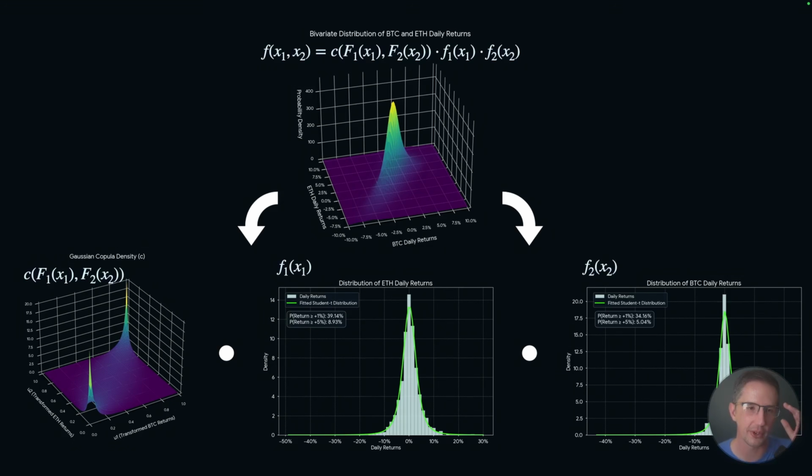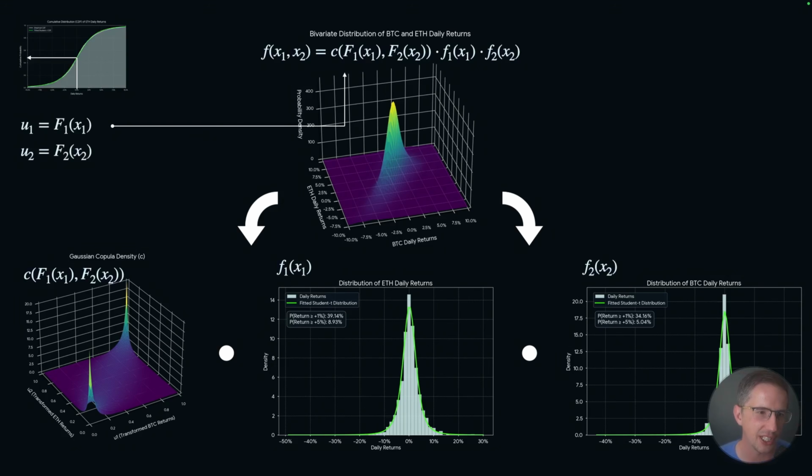Just for those of you who are interested in the math, here we can actually replace this f1(x1) and f2(x2), which is saying they each have their own individual density functions, and we can replace that here with u1 and u2. In other words, all we need to do is fit Ethereum to whatever distribution you want to use, student t, empirical, whatever it is you want to use, and that will give you a value between 0 and 1, as we saw before.